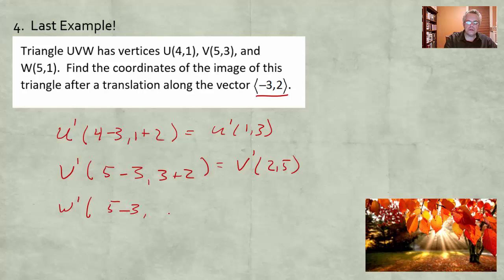And adding 2 to the y coordinate, 1 plus 2. And I get that W prime is (2, 3). So those would be the coordinates of the image. They all got changed by the vector. So remember, the vector is an arrow showing how the figure moved, and in component form it tells me how much the x and the y coordinate changed.